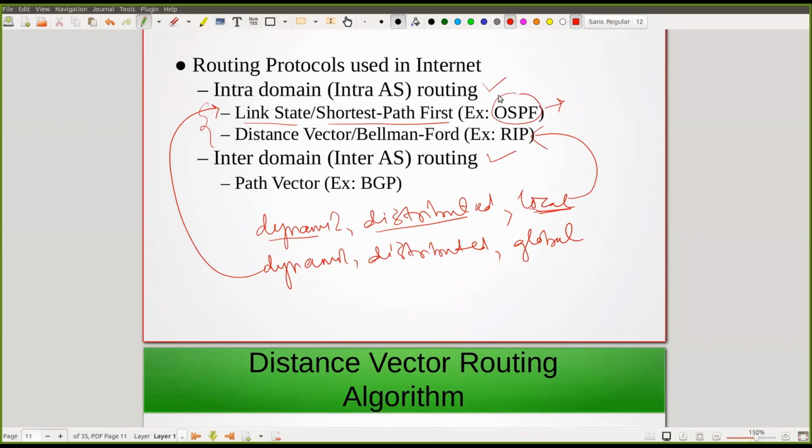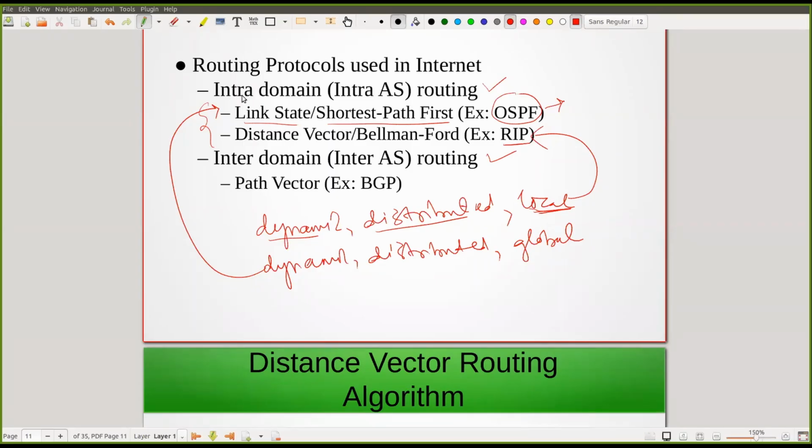Similarly, in distance vector, there is an algorithm called RIP. That is the real implementation of the distance vector concept in the internet nowadays. There are also other algorithms available, but these are the two most popular algorithms used as part of distance vector and link state, which are again part of intra-domain AS routing.